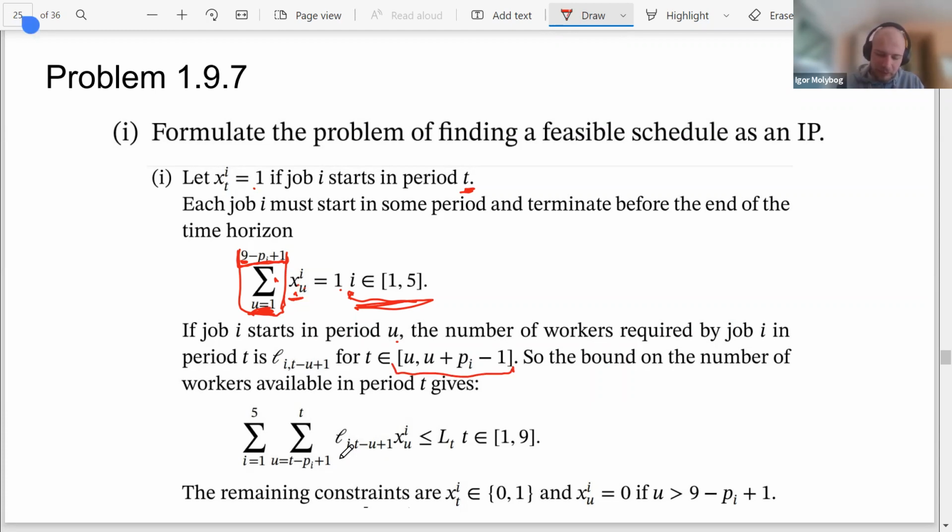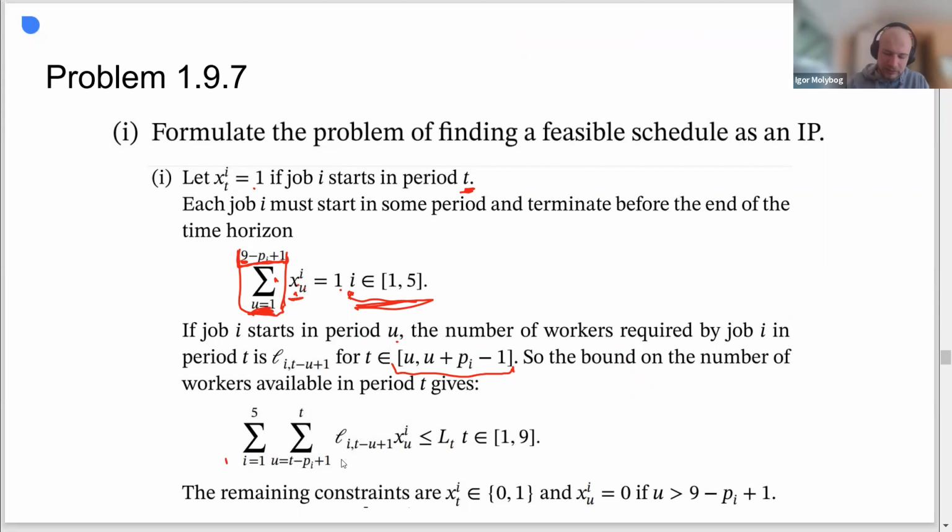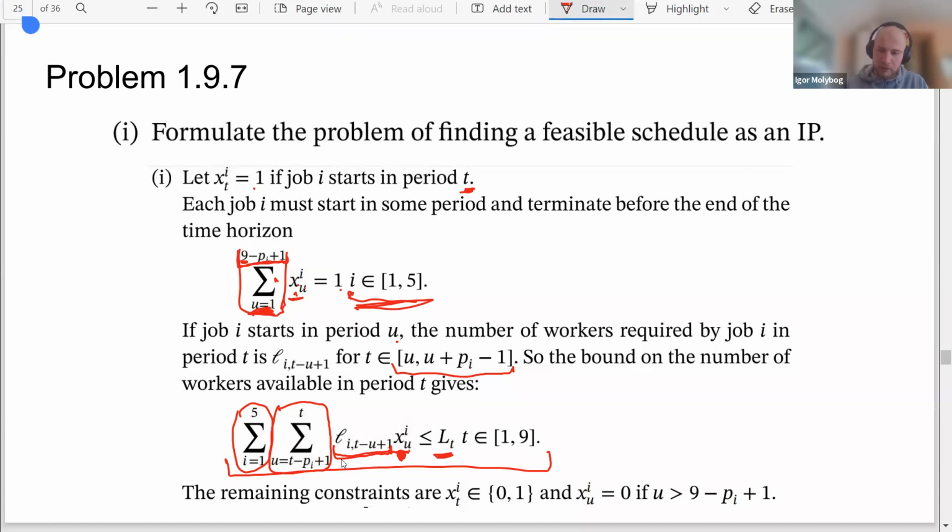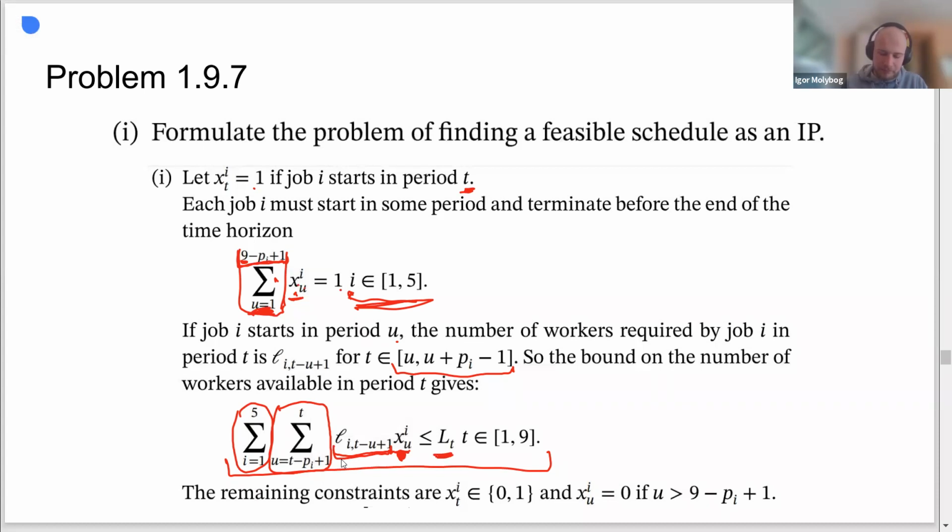So the bound on the number of available workers in period t gives us this inequality, which is saying that the sum over all of the jobs, the sum over all of the periods of times when these jobs are being performed, of the number of workers that the job requires times the indication that the job has started in time period u, must be less than or equal to the total number of workers that is available to us in time period t.